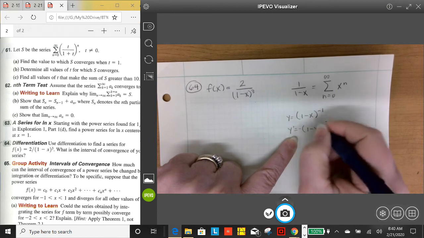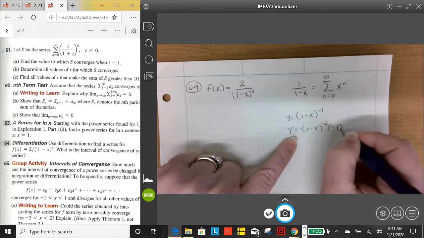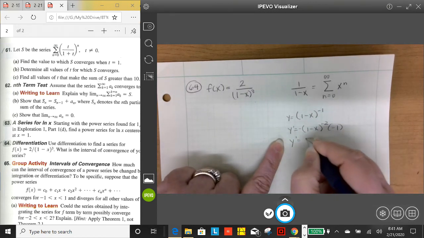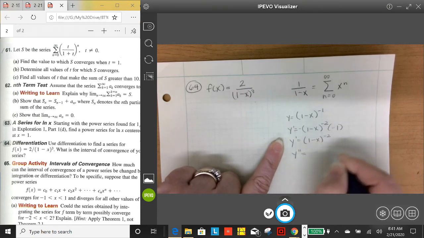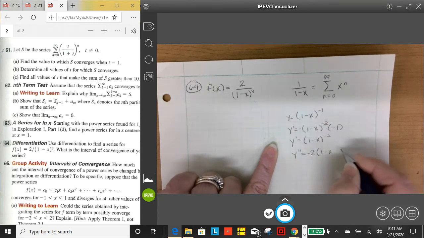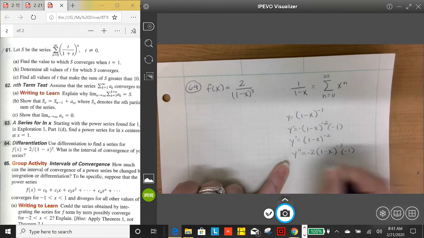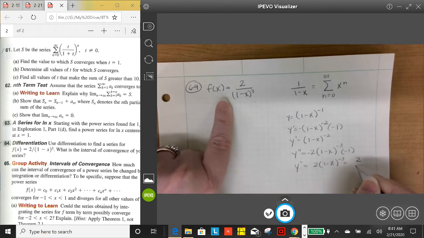So I put a negative out here, bring the power down, negative 1, which turns out to be 1 minus x to the minus 2. Y double prime then is going to be negative 2, 1 minus x to the negative 3 times the derivative of the inside, which is negative 1, which is 2, 1 minus x to the negative 3, which is equal to what we have over here.